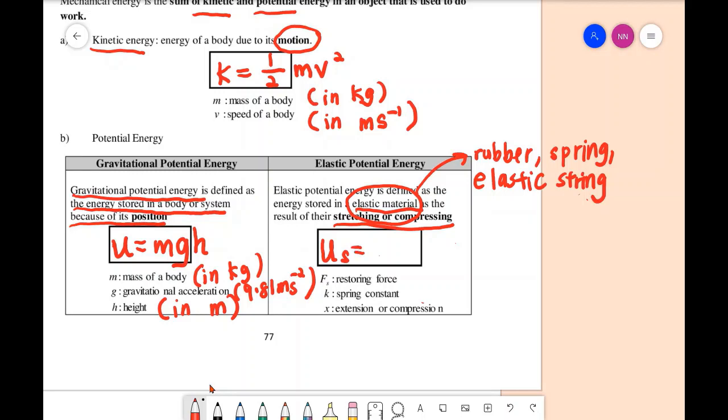Us equals half Fx, or it is also Us equals half kx squared, where F or Fs, they are the same, is the restoring force and must be in unit Newton, and x is the extension or compression of the spring. It must be in unit meter, and k is the spring constant, and it must be in unit Newton per meter.